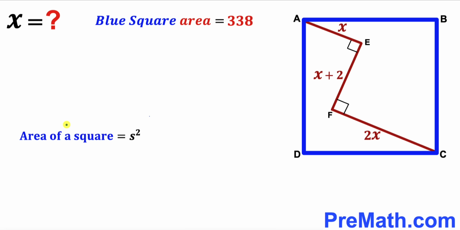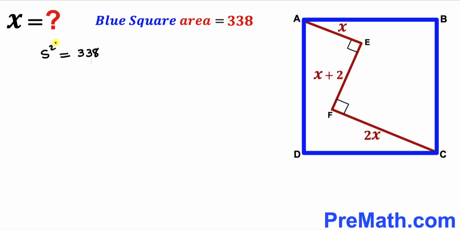And now let's recall the area of a square formula. Area is always equal to S squared, where S represents the side length of the square. And in our case, the area of this blue square is 338. So therefore, we could write side length S squared is going to be equal to 338.